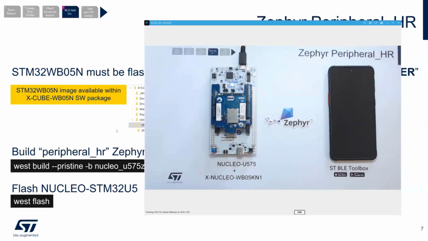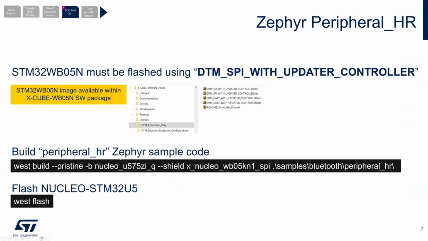Now I need to build my Zephyr sample code accordingly. I will use the command as per the Zephyr documentation. I will use the west utility to build: west build, name of the board, Nucleo U5.